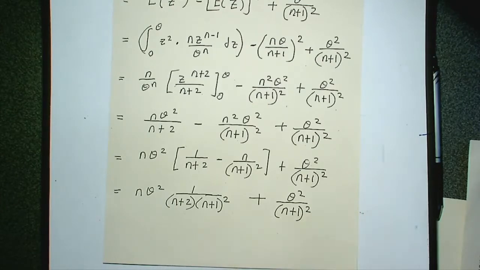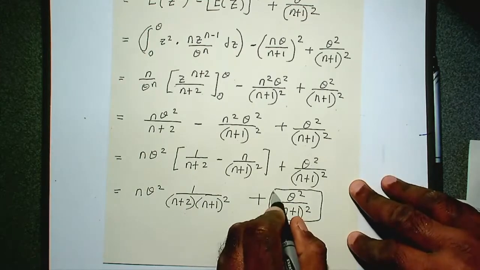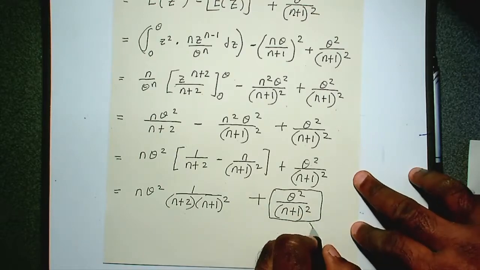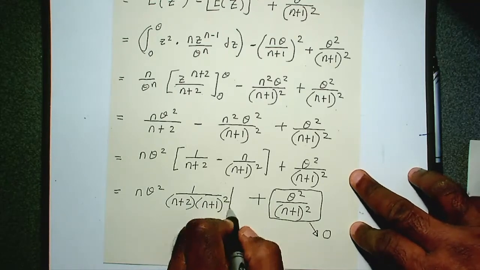All right, now the reason I've done the simplification is because I want to argue what happens to this expression as n approaches infinity. Now, okay, let me ask you, where does this go as n approaches infinity? It goes to 0, right? And this one?